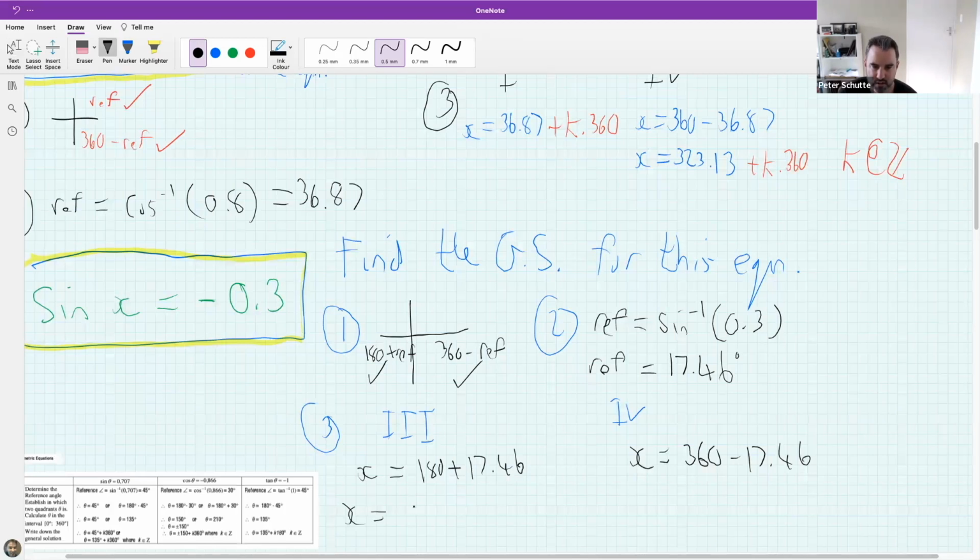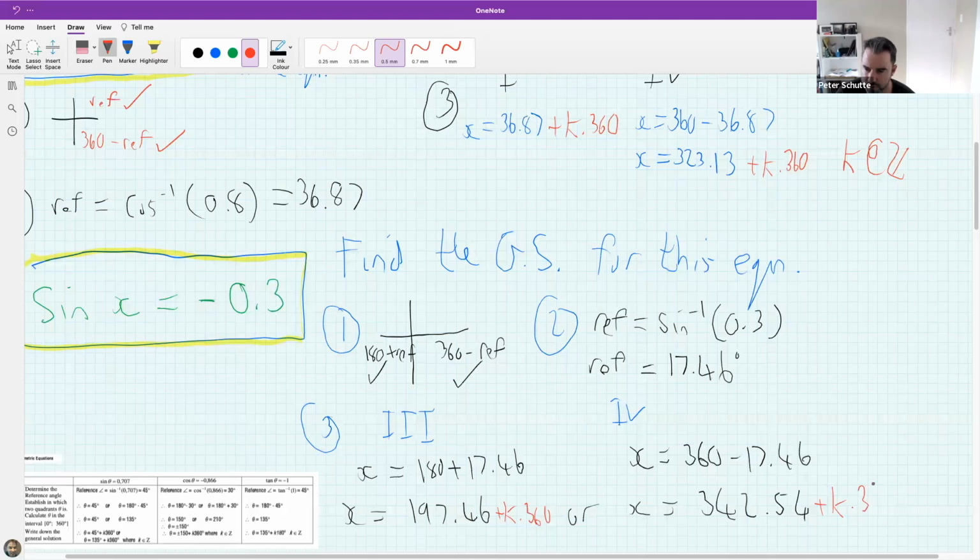That is going to give me 197.46, or X is 342.54. And because I wanted it to be a general solution, I have to add multiples of the period of the graph. And so that would be it.